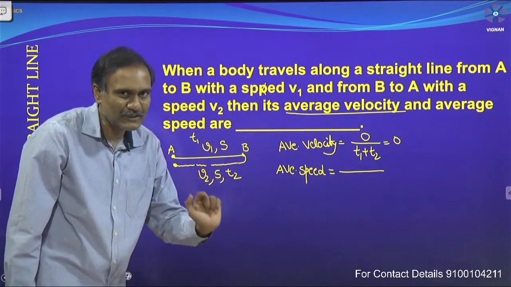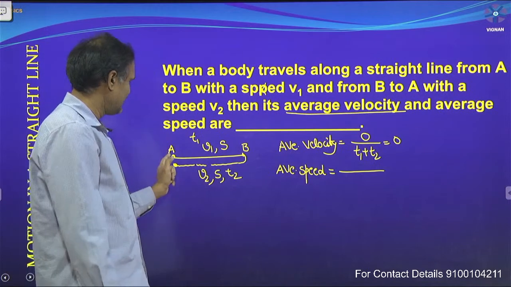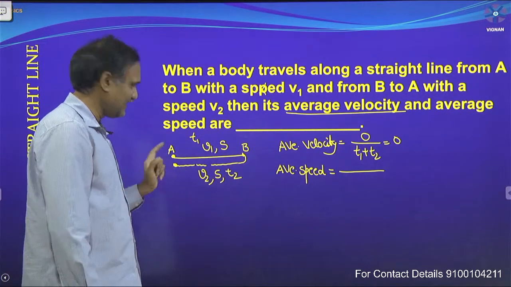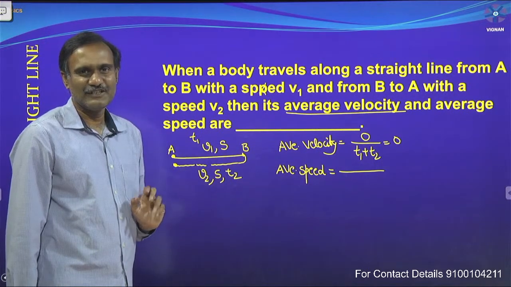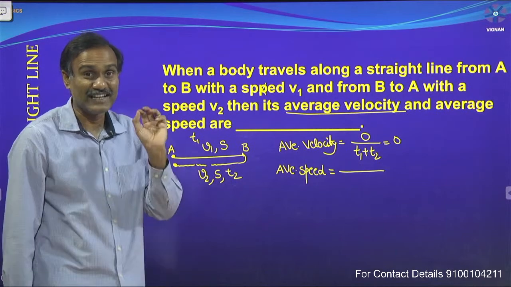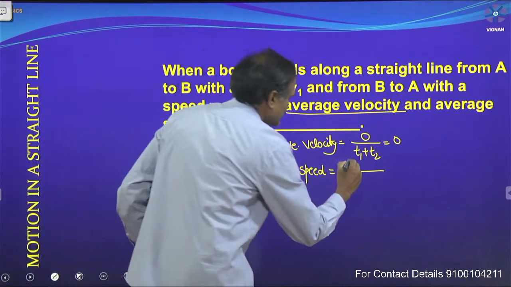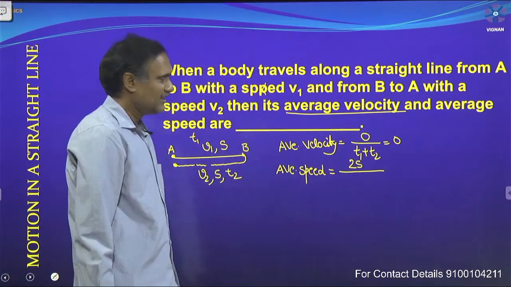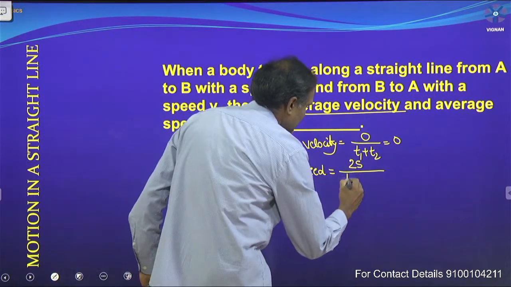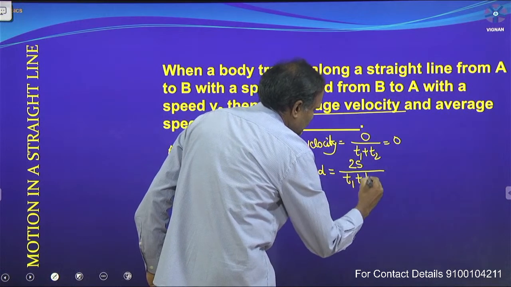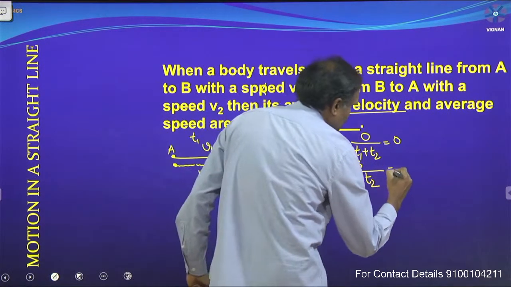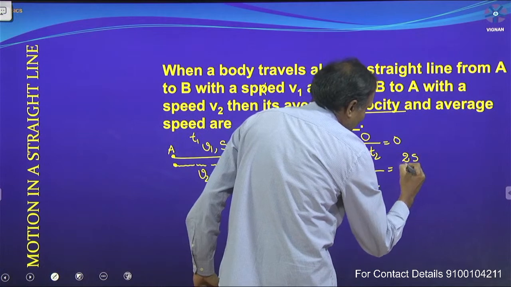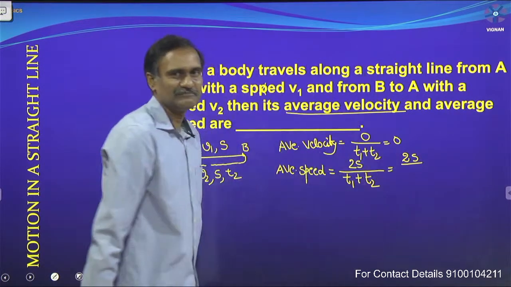Actual length of the path travelled is s plus s, 2s, divided by total time interval, that is t1 plus t2.